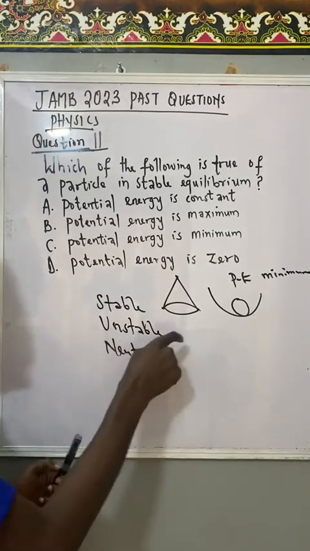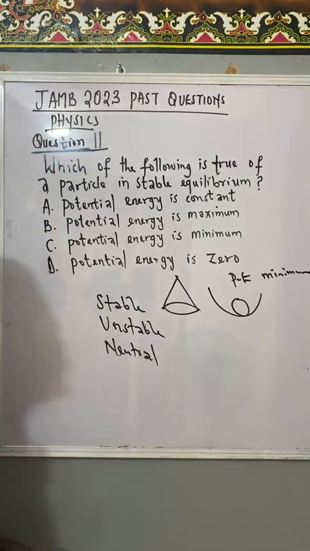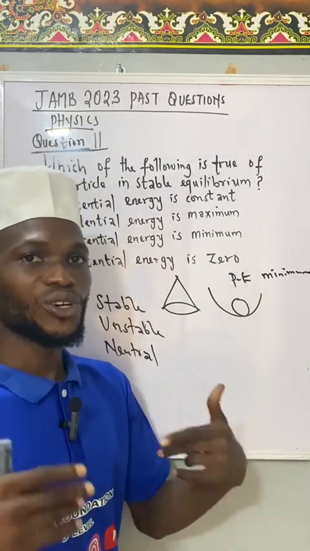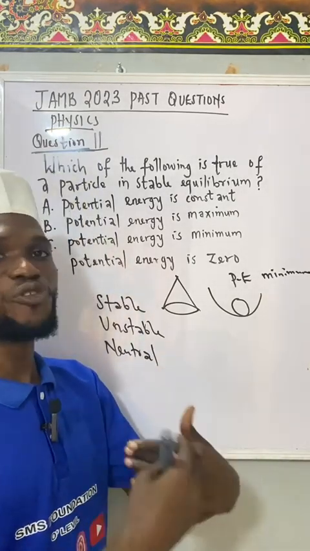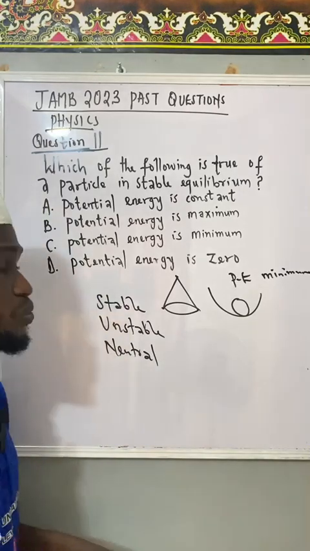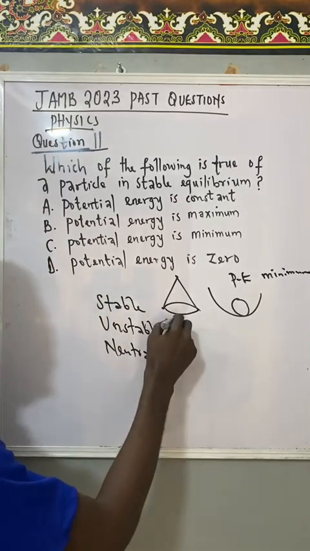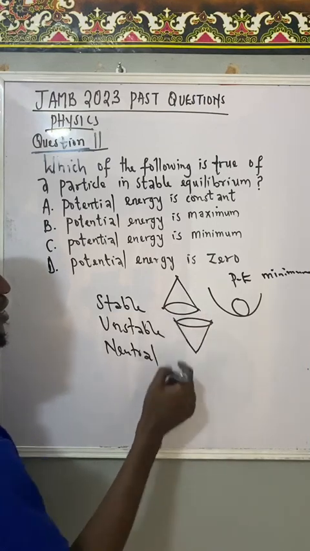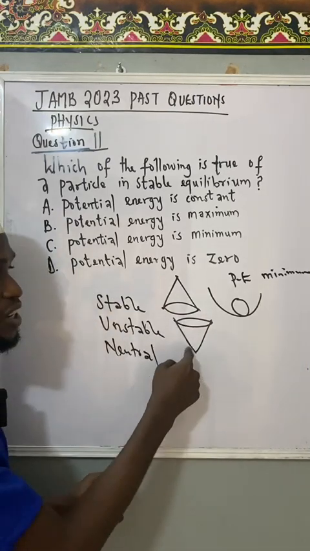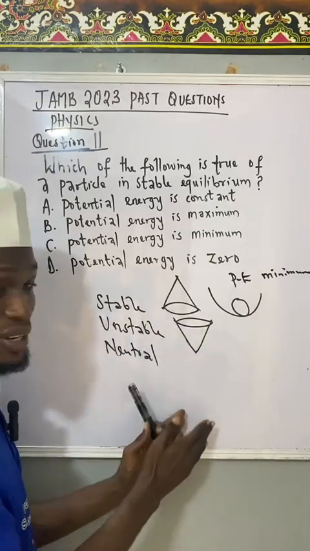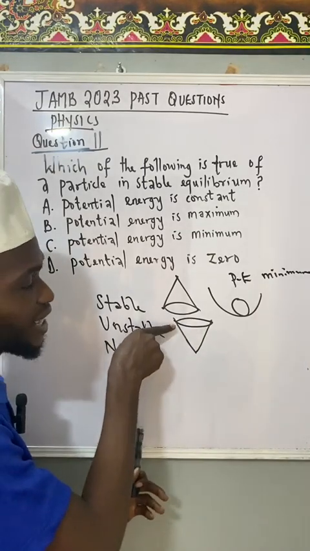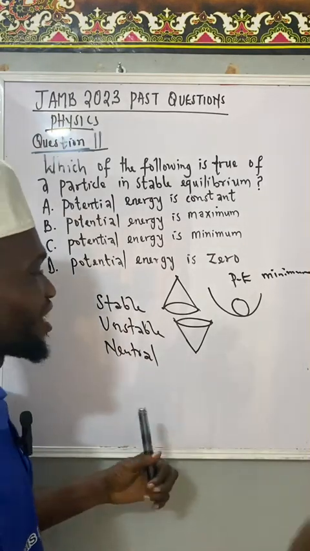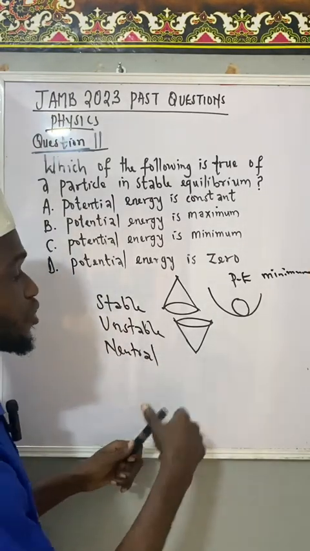Now, for unstable equilibrium, that's if the object is slightly tilted or displaced, it tends to move further away from its original position. For instance, if the cone is placed on its vertex like this, and we are lucky to stand it like this, if we slightly push it, it will fall away and move further away from its original position.